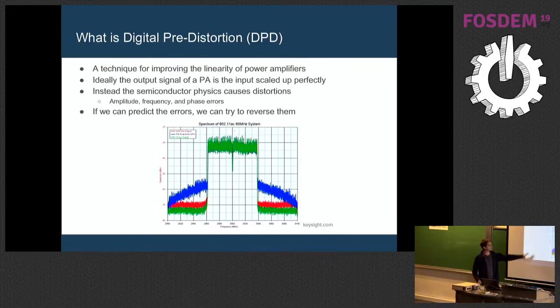And this is a plot of a very typical result. If you ever read a paper or check out somebody's repository, this is almost always the image you run across. What we're seeing here is the green signal is the original input signal. And the blue is what happens if you then put it through a 10-watt amplifier running right at the limit and say, oh yeah, it looks great on the outside.